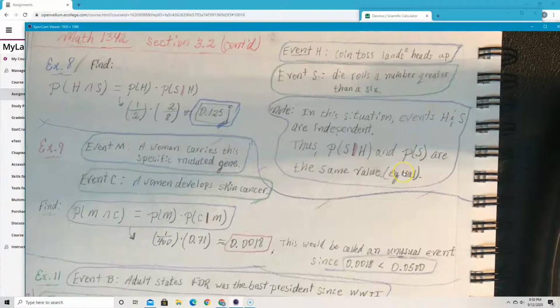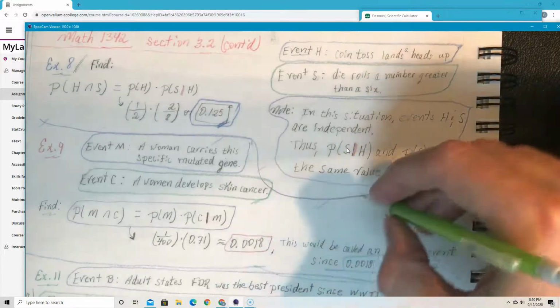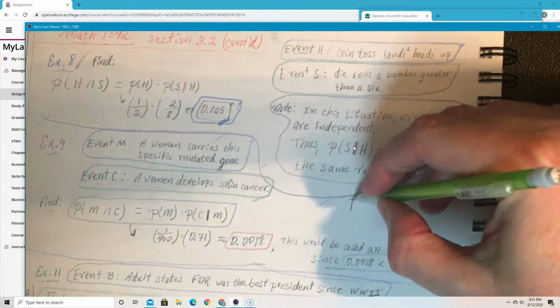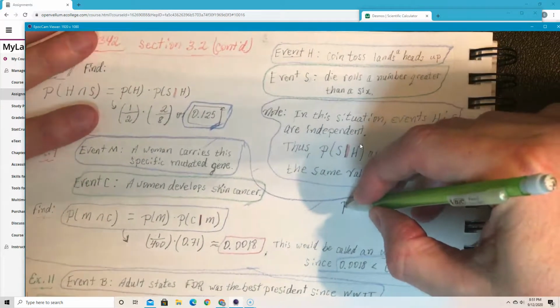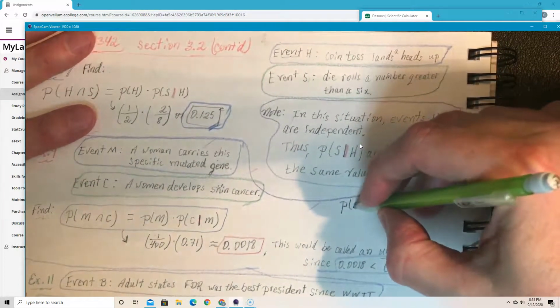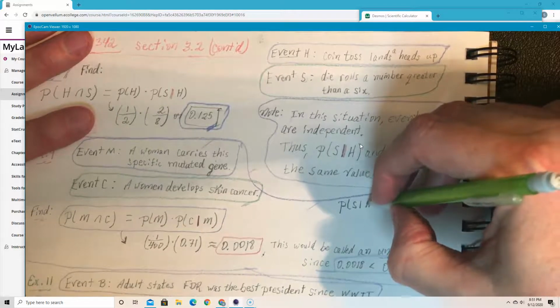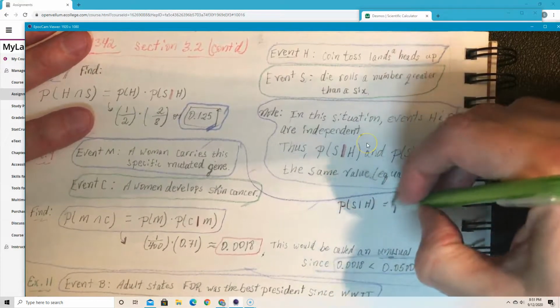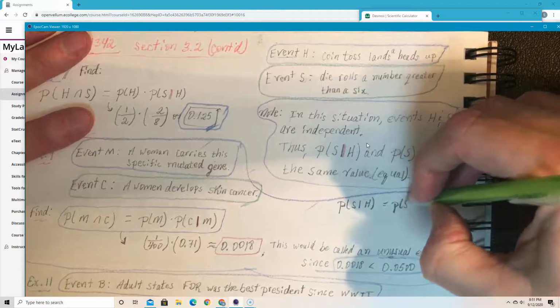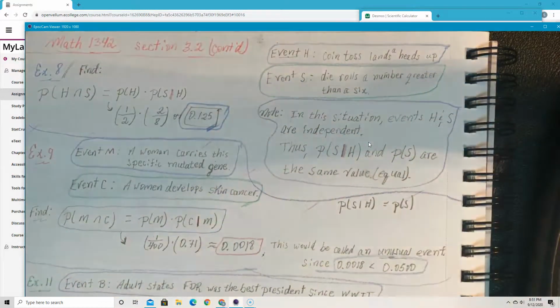They're equal, because, again, this does not impact the probability of this one. So when they are independent, we know those are equal, or we can write this. They're the same. Okay. So that's number 8.